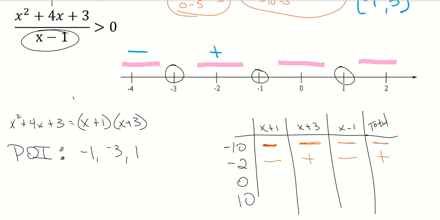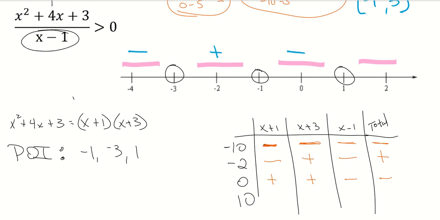Plug in 0. Plugging in 0, I have 0 plus 1 makes that a positive, 0 plus 3 makes that a positive, and 0 minus 1 is a negative. Odd number of negative signs makes negative. So this region is negative. And lastly, I plug in a positive 10.